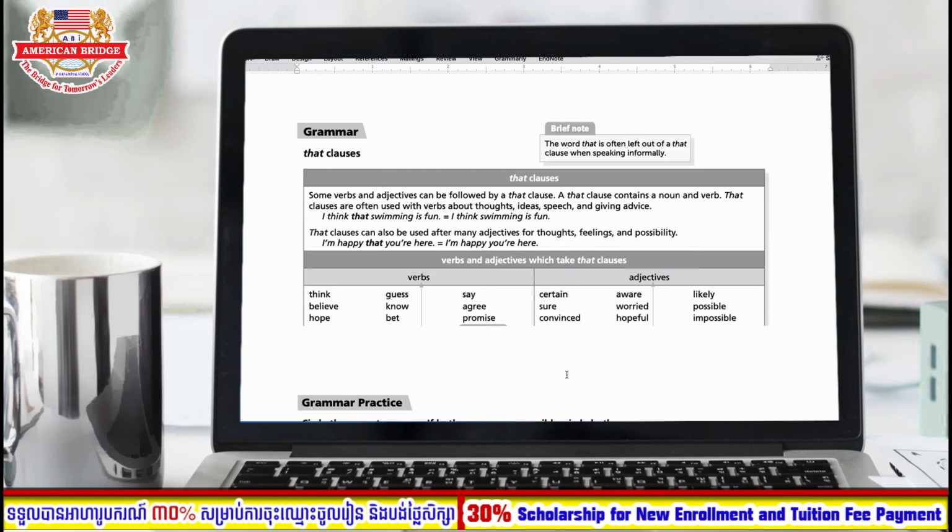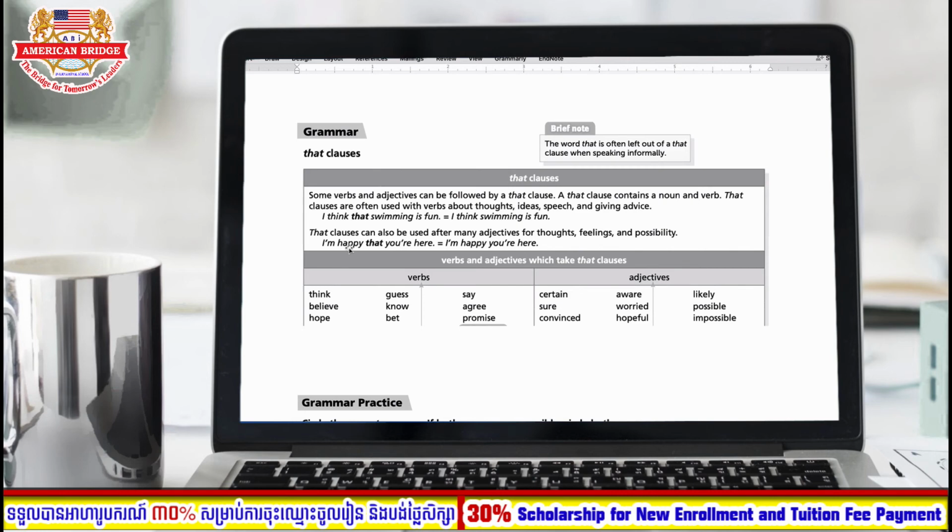So the that clause here, I think that swimming is fun. Right? So I think that swimming is fun. The phrase "that swimming is fun" is a that clause that expresses your idea, your thought. And the other one, I'm happy that you are here. So this one gives you the reason why I am happy: because you are here.